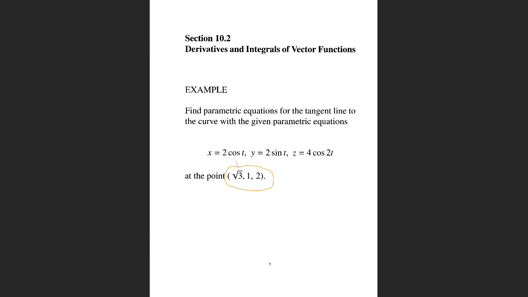So we have three component functions here. And for some value of t, those component functions will give the values root 3, 1, and 2. So probably the easiest is the middle one. So when t equals, say, pi over 6, y equals 2 times the sine of pi over 6.